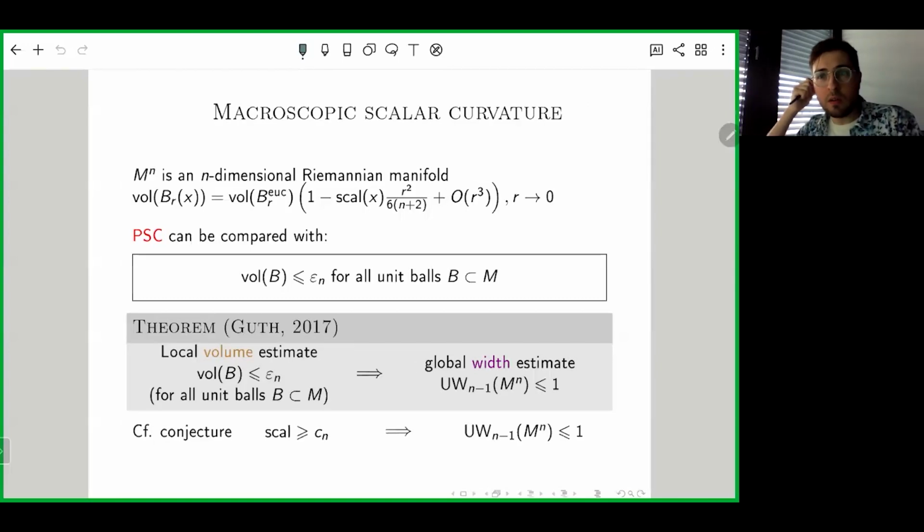This was mentioned as well: a theorem of Larry Guth says that macroscopic positive scalar curvature actually implies an upper bound on the codimension 1 width of the manifold, which is a macroscopic version of one of the conjectures that I stated before.